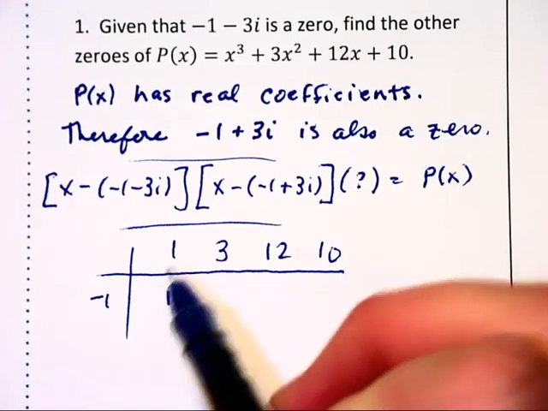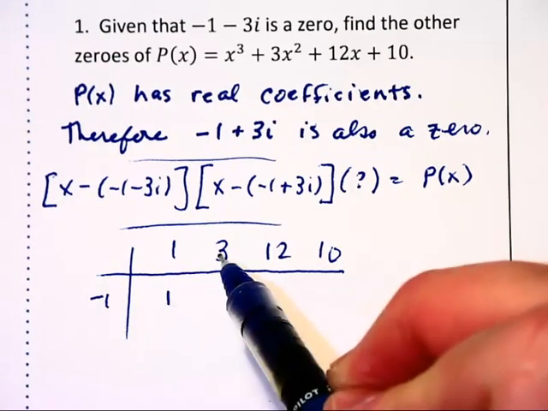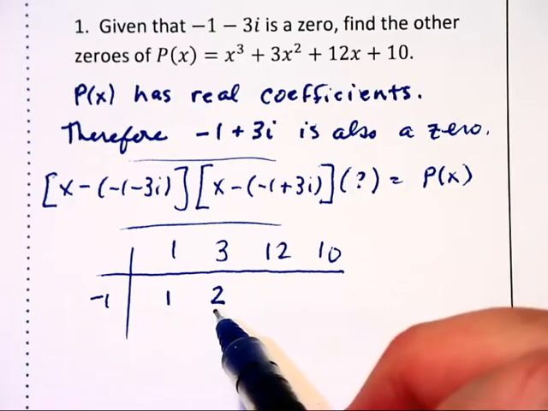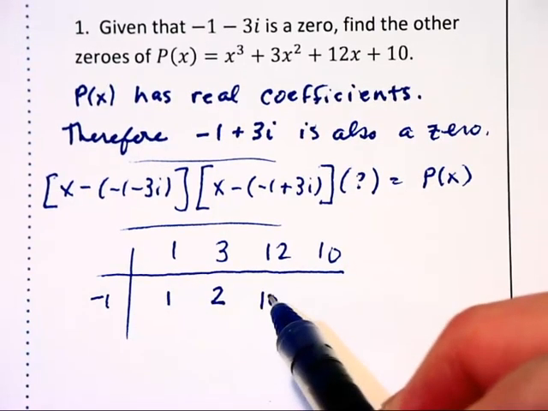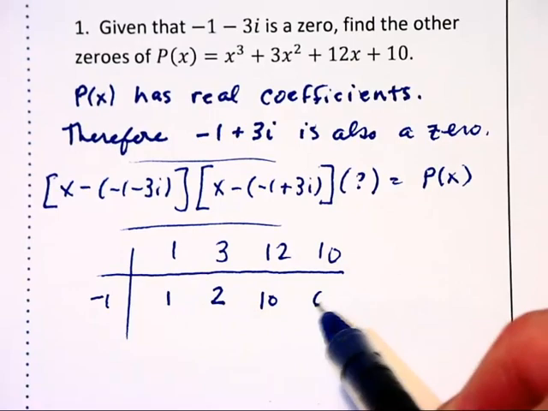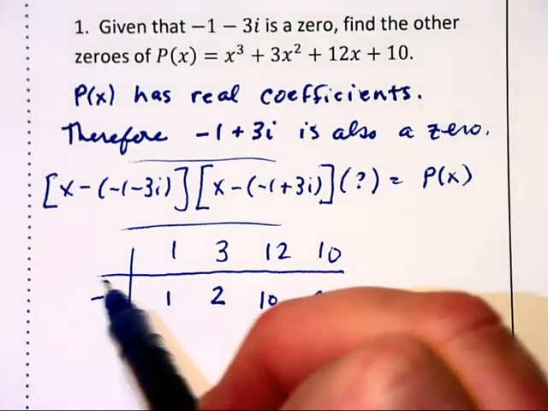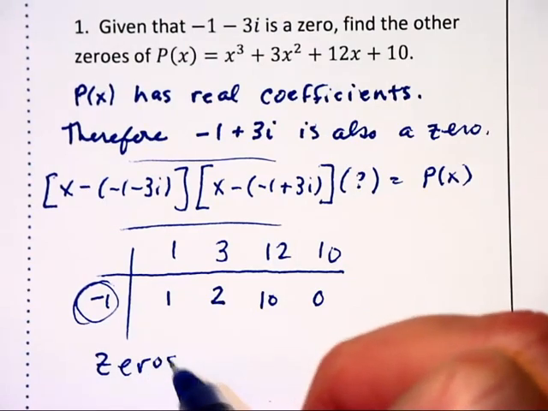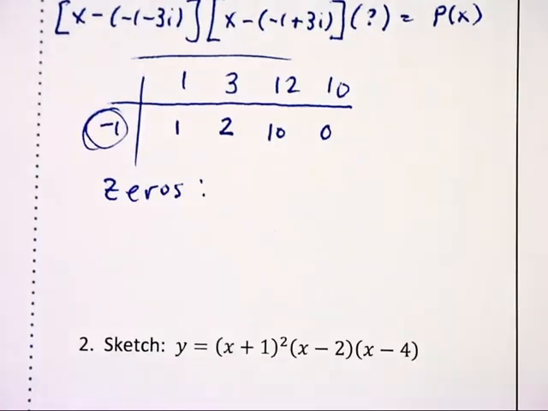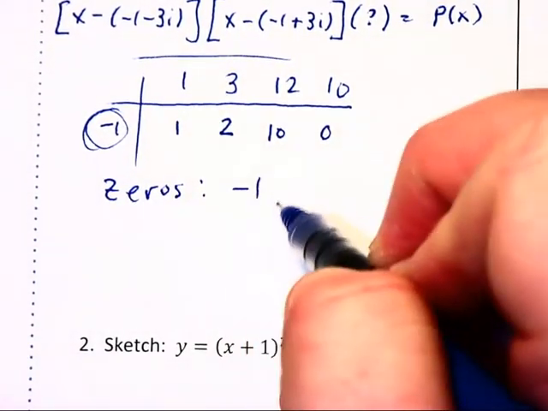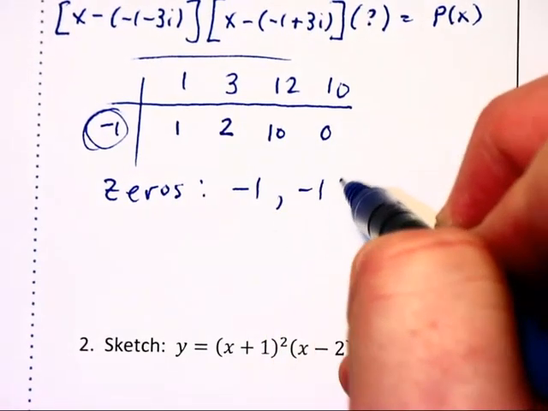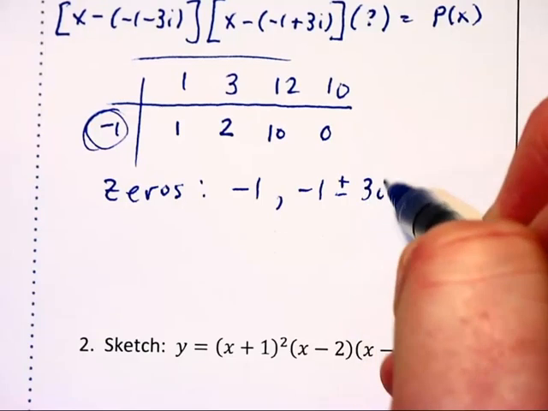Bring down our 1. -1 times 1 is -1, plus that 3 makes 2. -1 times 2 is -2, plus that 12 makes 10. Then we have -10 plus 10, which is 0. That tells us that -1 is a 0, and that our zeros of this function are the -1 we just found, and -1 plus or minus 3i.